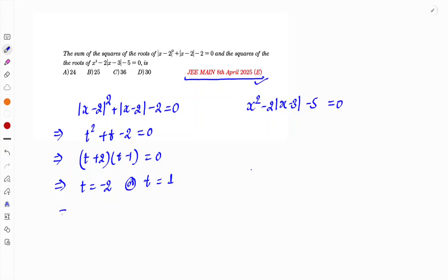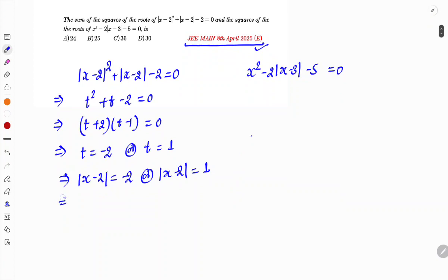So |x-2| = -2 or |x-2| = 1. Hope it is clear. The first is not possible, since any mod value cannot be negative, so no root from here. From here x-2 will be either +1 or -1.